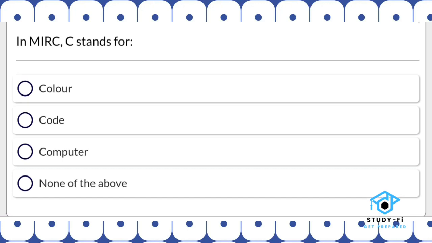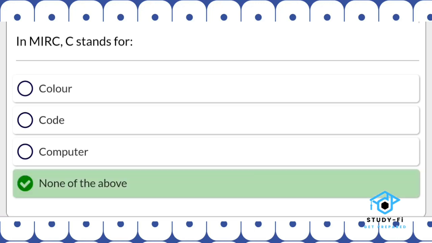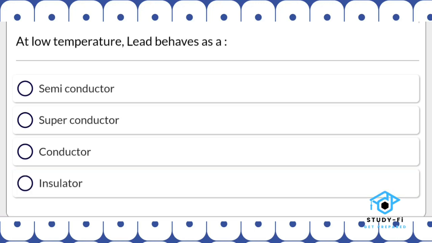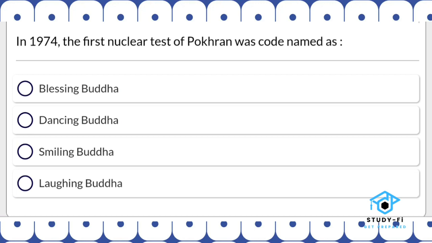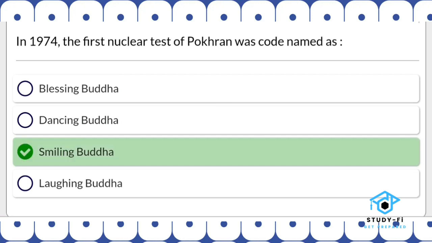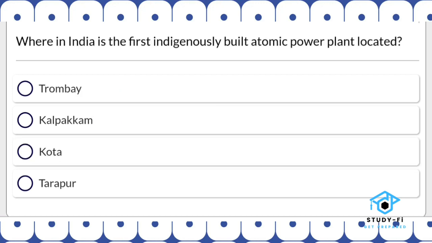In MIRC, C stands for none of the above. At low temperature, lead behaves as a superconductor. In 1974, the first nuclear test of Pokhran was codenamed as Smiling Buddha.